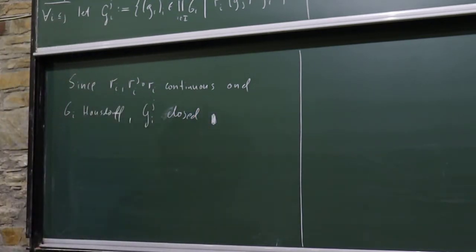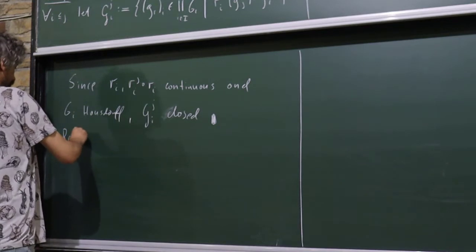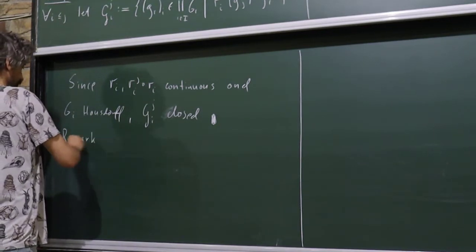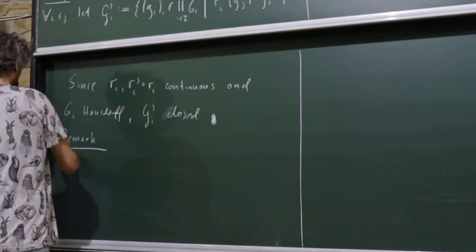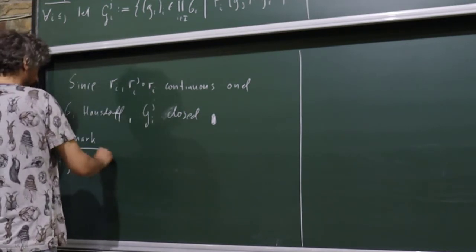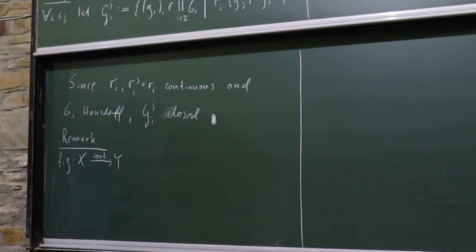Okay, and this Hausdorff is a bit about general topology. So remark: if you have such a situation that you have two continuous maps f and g from X to Y, since it's Hausdorff you can always find open sets, yes, but here it's a bit different property.